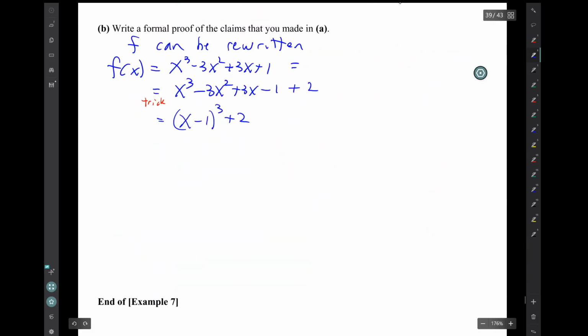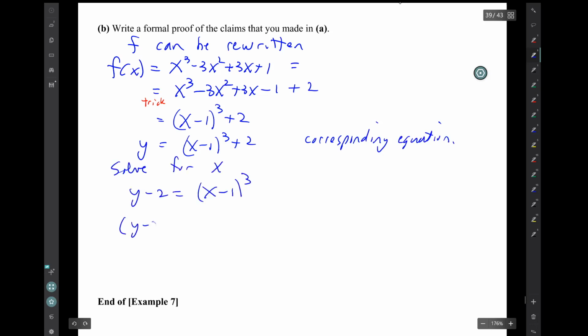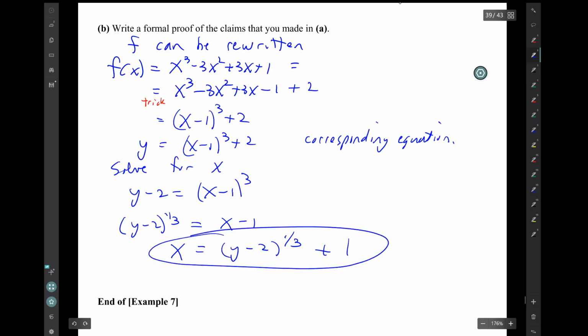So we can think of this as an equation, and we can solve for x. So that is the equation for x in terms of y. That tells us that no matter what the value of y is, we can find the value of x that will work.